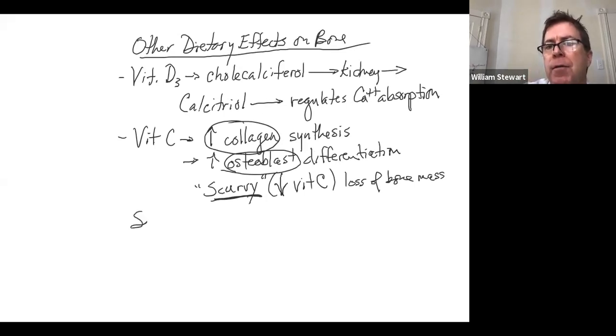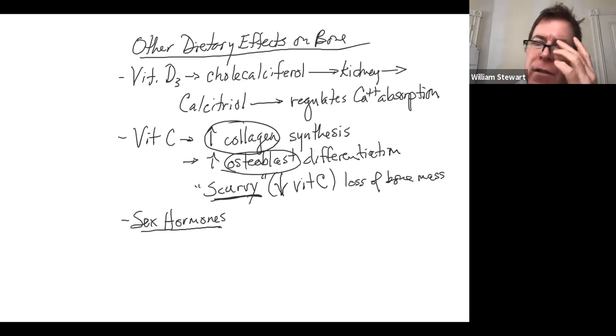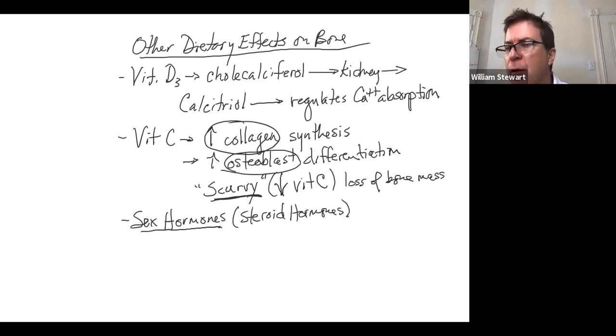Sex hormones. That just means the steroid hormones that are in greater quantities in male and females, testosterone and estrogens. I'm going to put steroid hormones. Just think testosterone and estrogens. Both male and females have both types of hormones, just in greater quantities, that's all.